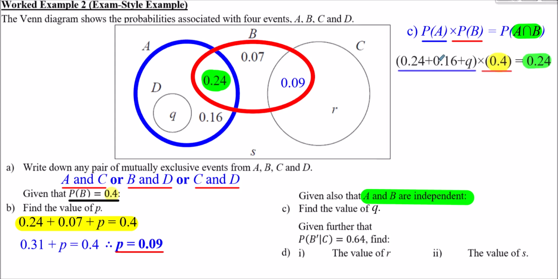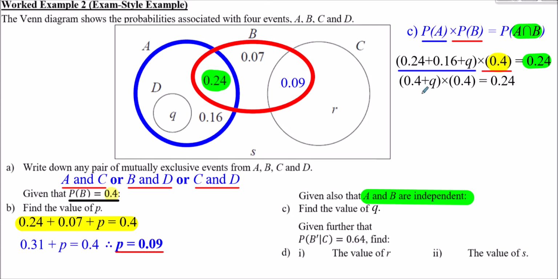So putting these values in, we have this. 0.24 plus 0.16 becomes 0.4. So this first bracket we can neaten up to give us 0.4 plus Q times 0.4 gives 0.24.